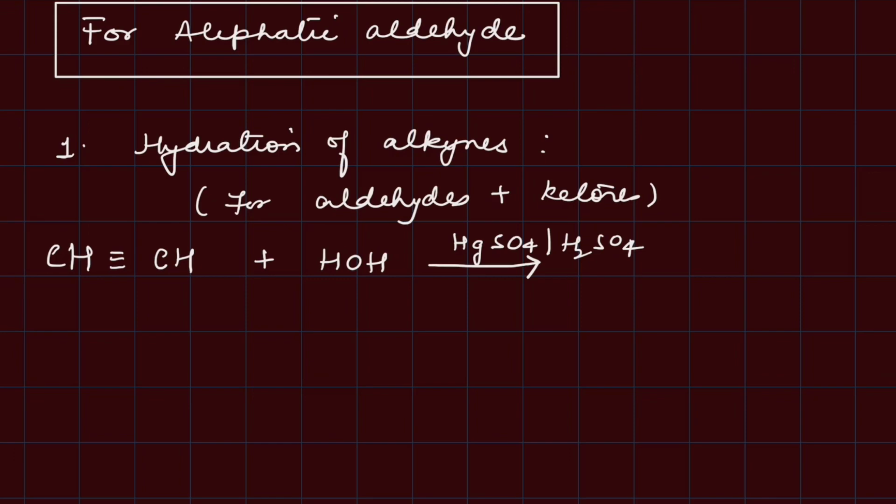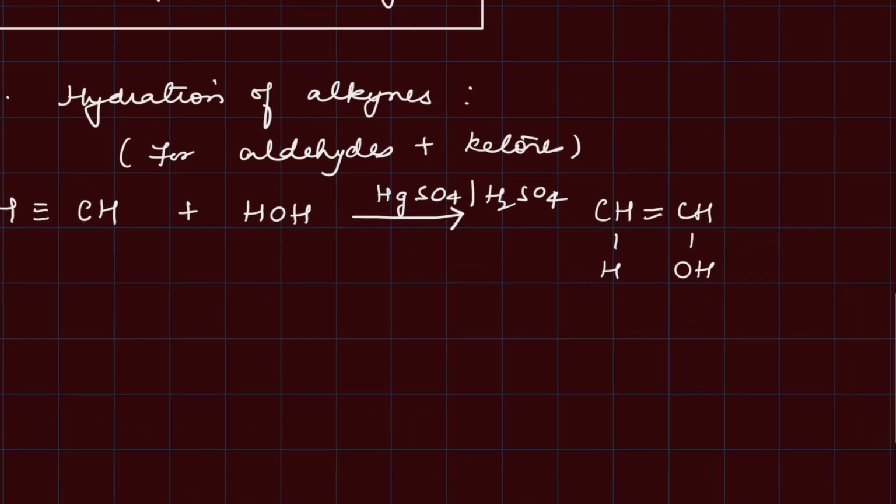Hydration takes place, water is added to the alkyne, the triple bond breaks, the double bond remains, and you have H added on one side and OH on the other side.